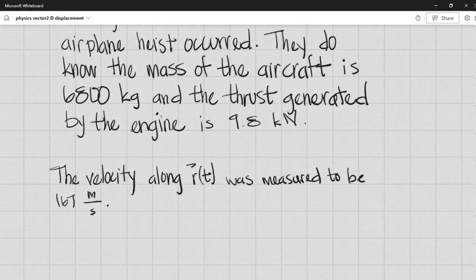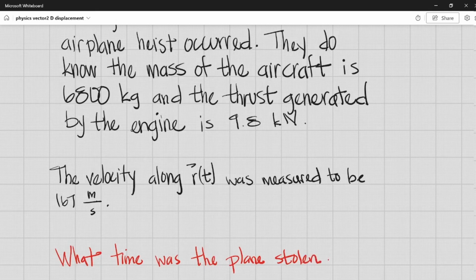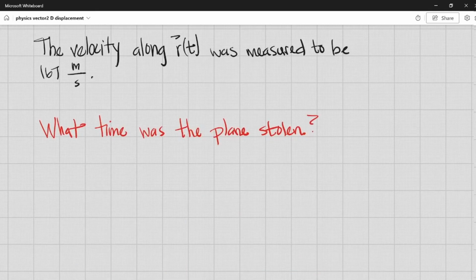We need to determine what time the plane was stolen. So the first thing we need to do is calculate the total time interval as the aircraft approaches this speed, 167 meters per second. Notice it doesn't say that the aircraft reaches 167 meters per second at the location at which the aircraft was sighted.